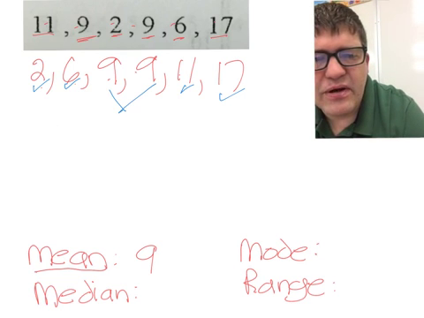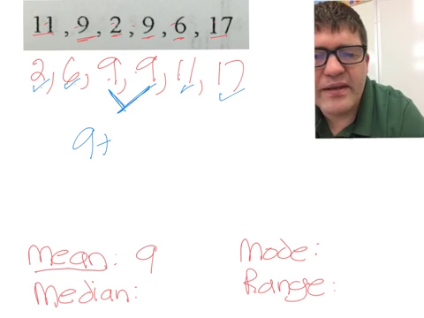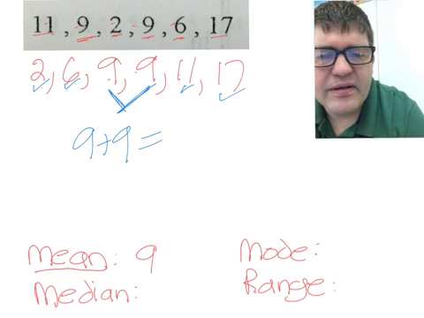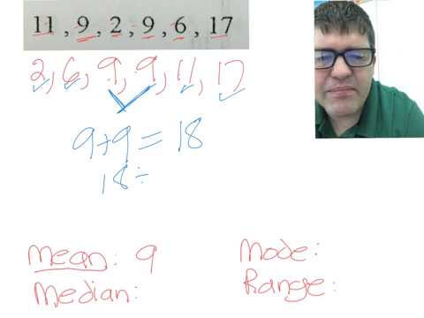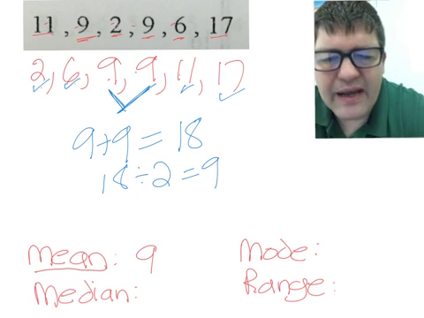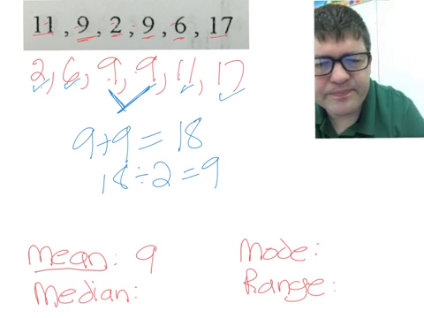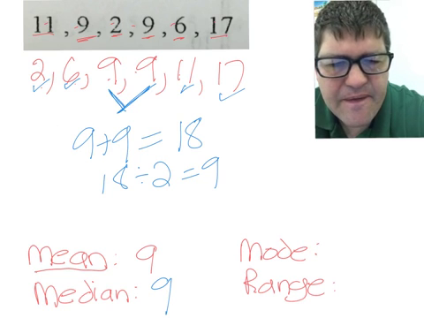Okay? So I want to get the middle between these two. The way you do that is you add them together. 9 plus 9 equals 18. And then you take that and divide it by 2, and that'll get you the exact middle. And it's 9. So the median is 9.